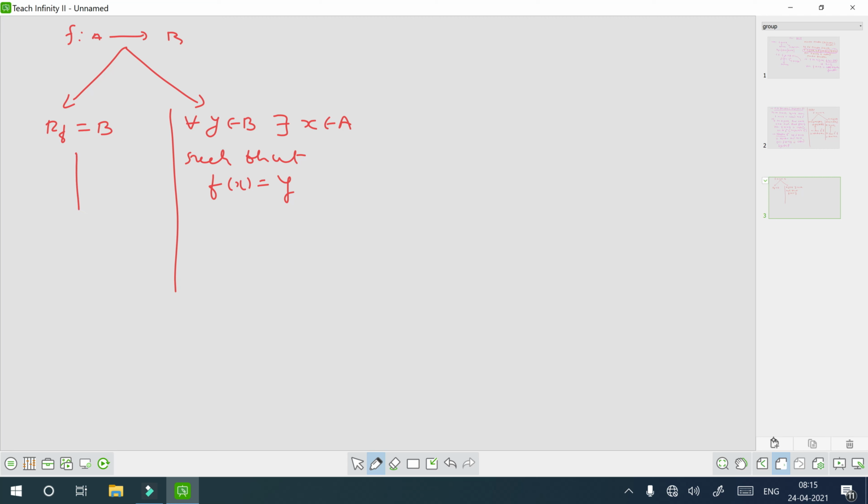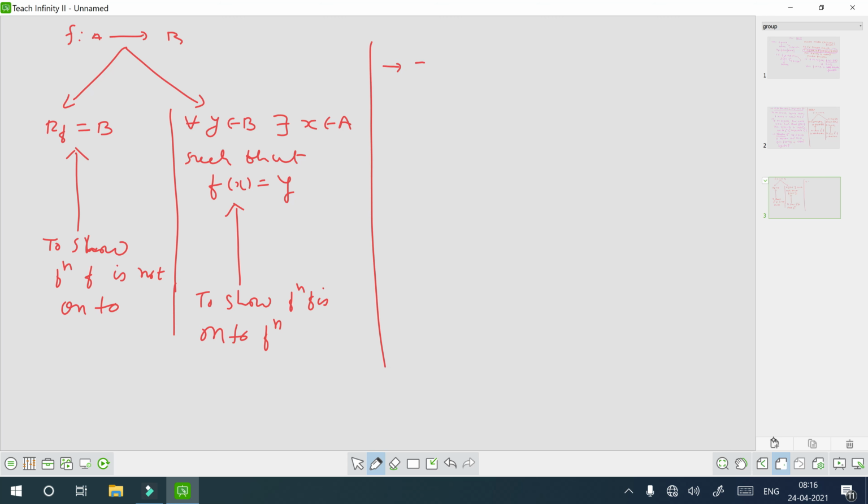Here we are going to use this definition to show function f is not onto, and we are going to use this definition to show function f is onto function. Clear?